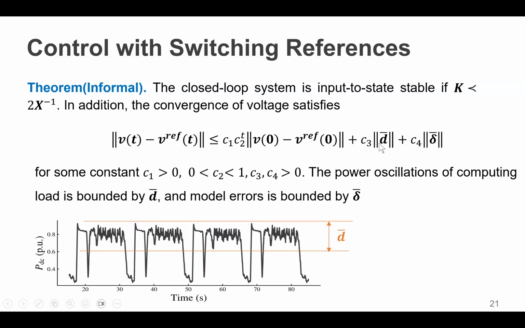Right. Under this notation, D is just the power oscillations of the in-phase oscillation, because the step changes are already cancelled by our controller design. But if you want to derive the convergence when the reference is 1 per unit, then D should also involve the disturbance provided by the step power changes. Okay, that makes sense. Thank you for the excellent question.